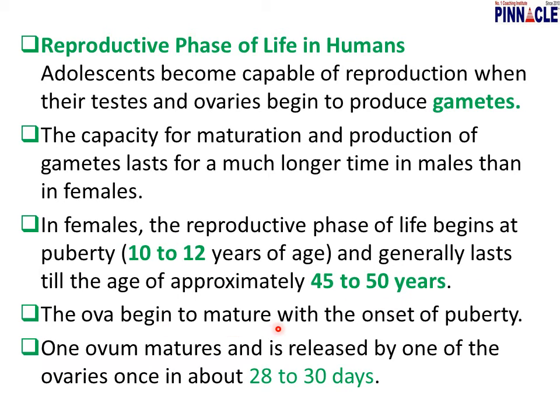The ova begin to mature with the onset of puberty, and one ovum matures and is released by one of the ovaries once in 28 to 30 days.